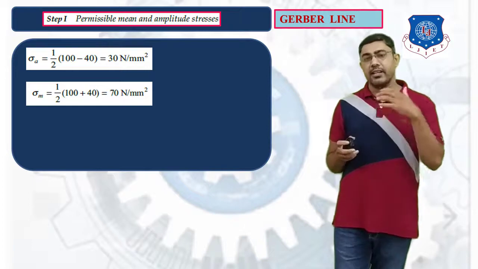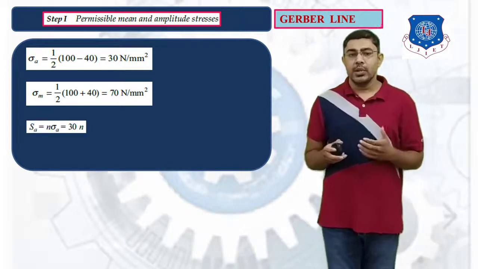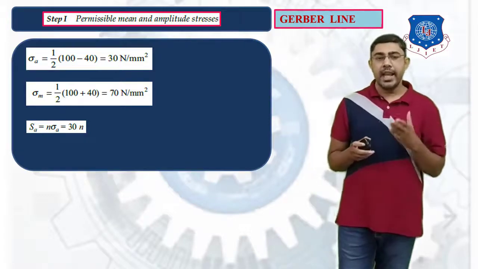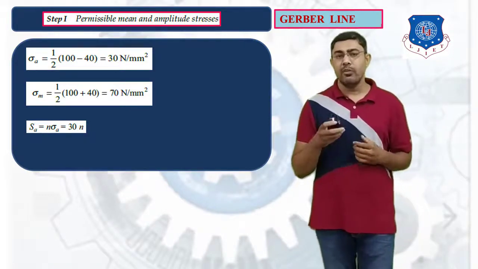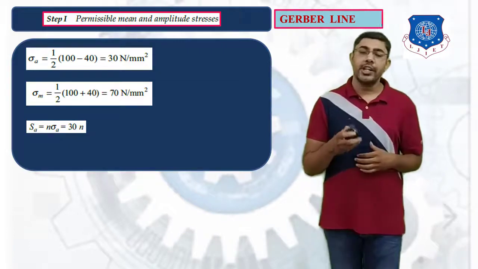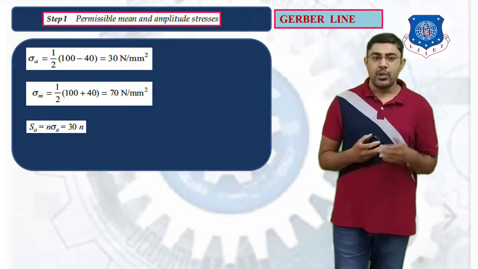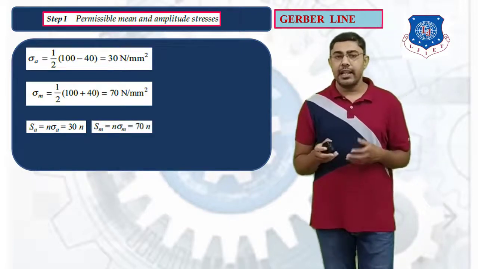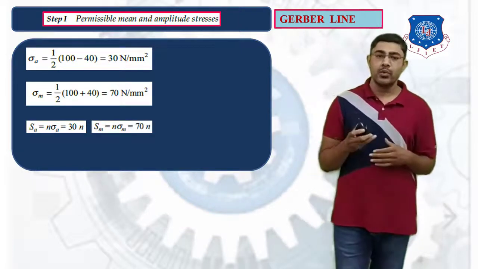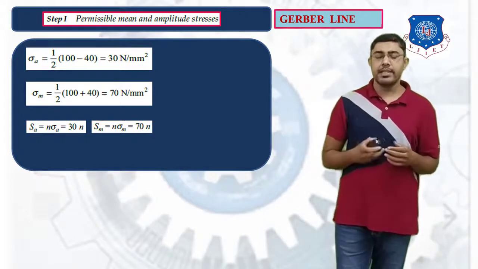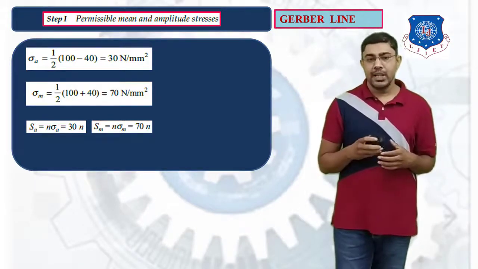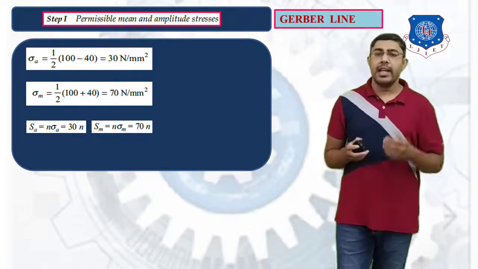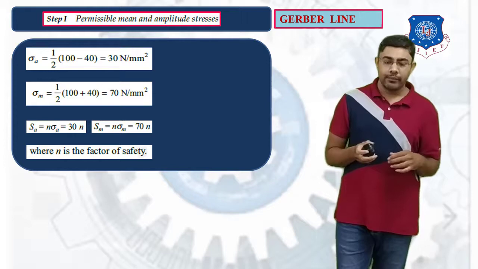According to the factor of safety, SA becomes n into sigma A, and sigma A is 30 Newton per mm square, so SA becomes 30 n. Similarly SM becomes n into sigma M, and sigma M is 70 Newton per mm square, so SM becomes 70 n. Here small n is the factor of safety.